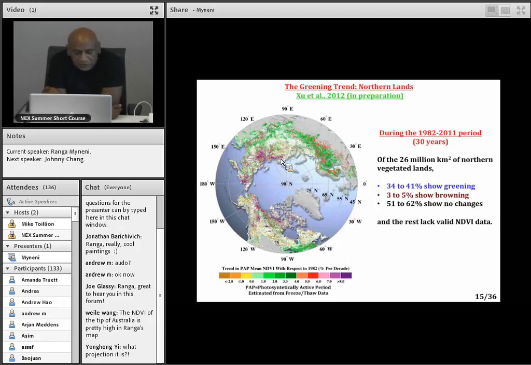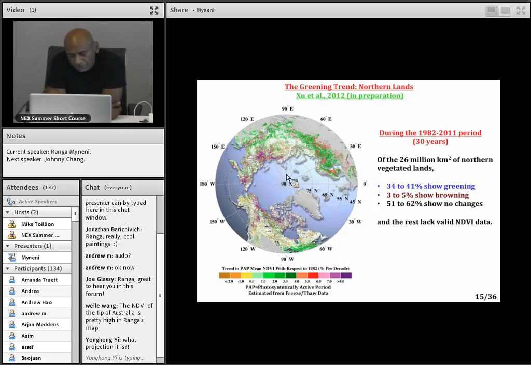So we're able to calculate this photosynthetically active period very accurately. We have an excellent third generation NDVI data set, and we now have excellent statistical methods. And this is a paper by Xu et al., in preparation. It will go out in a couple of weeks to a journal.